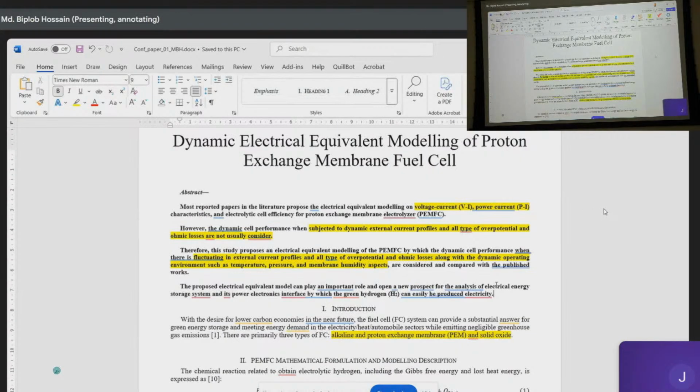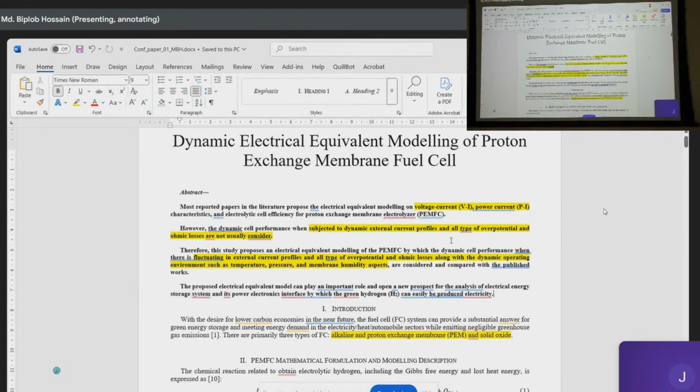That is why PEM is very suitable especially for renewables, because for renewable based power generation systems, as we know, solar and wind, most of the time they are changing in nature because of their dependency on climatic change. So my demonstration today focuses on the proton exchange membrane fuel cell. As we went through the literature review, we see there are a lot of models available.